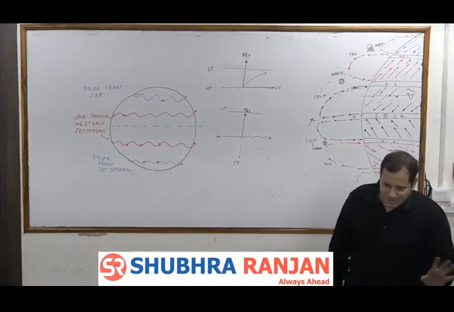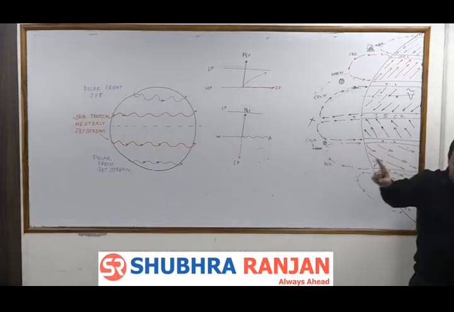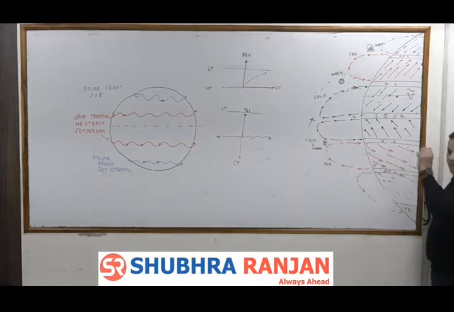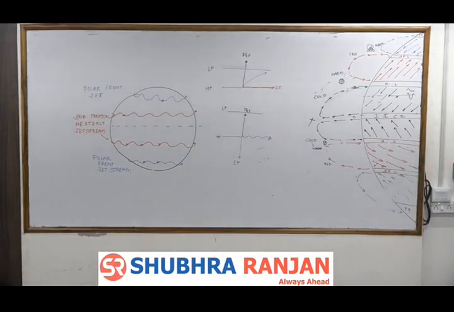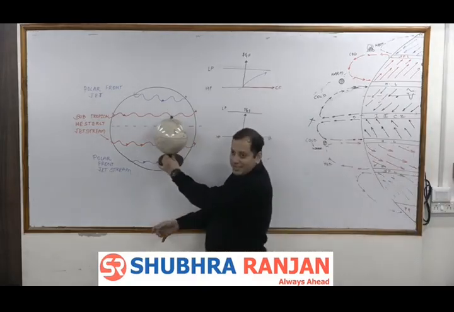No one is coming toward the jet stream. The jet stream is flowing in this direction, in the middle. So you have to imagine in 3 dimensions, this is the world. So the jet stream is going around the world. I'll show you with the help of a globe. This is the globe. Where is the jet stream flowing?